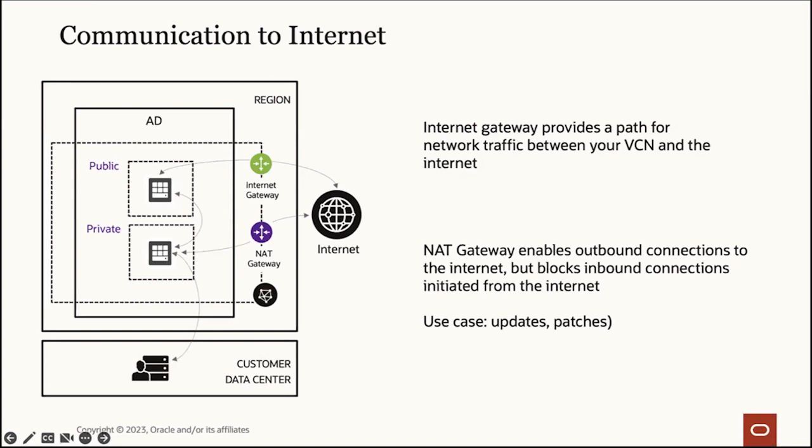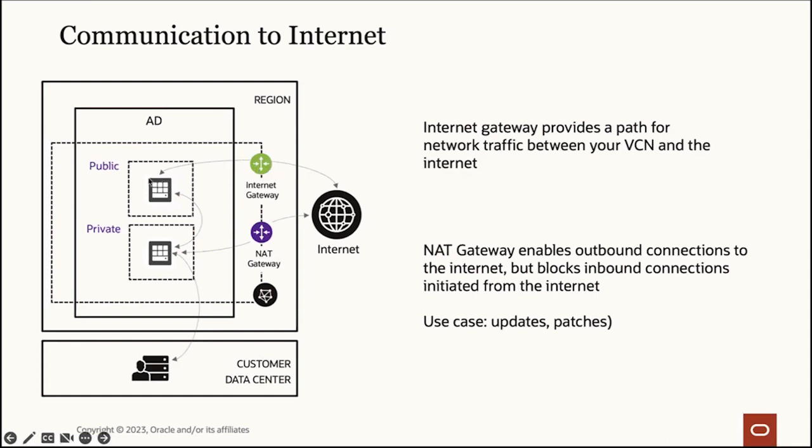And when it comes to using an internet gateway, if you take a look at this diagram here, both sides can initiate connection. So that's something to just keep in mind when you're using an internet gateway.